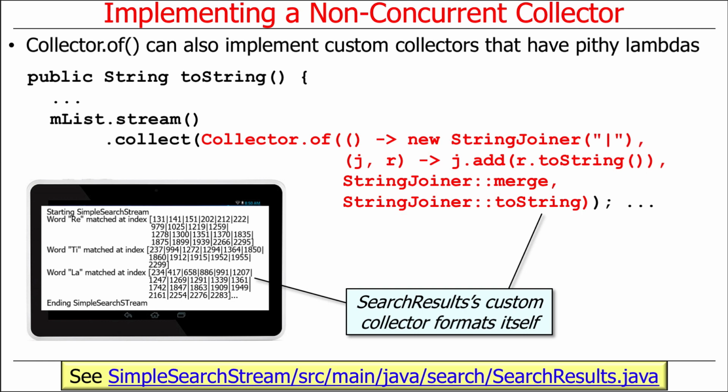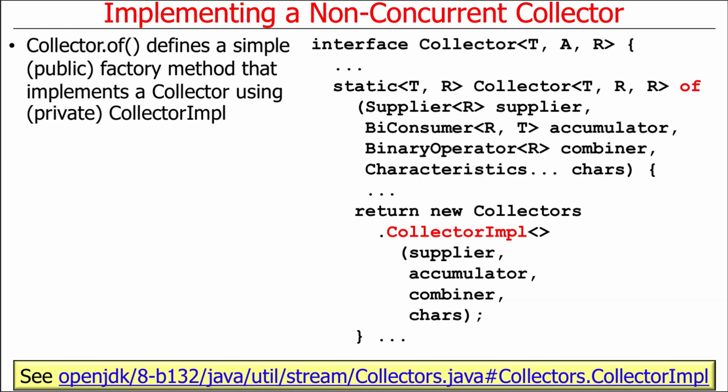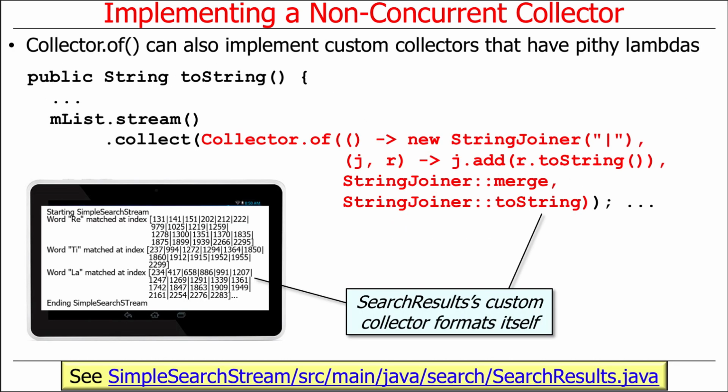Great question. So the question is, do you always have to use the of method in order to make yourself custom collectors? Absolutely not. There's other ways to make them. This particular factory method, the of factory method, which I show you here, is really particularly good if you can easily express the various methods that are needed to make a custom collector as either pithy lambda expressions or method references.